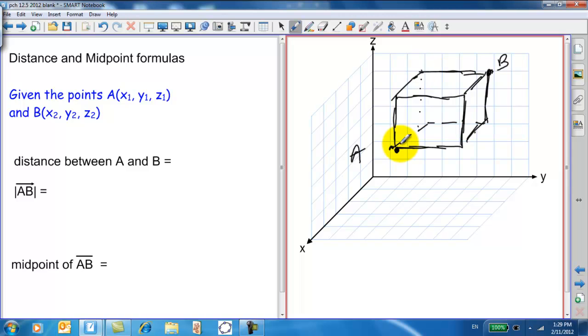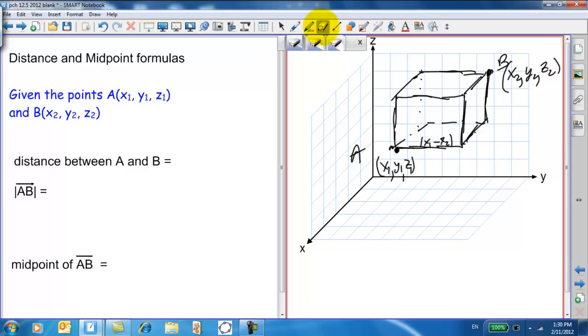And going from A, which is x1, y1, z1, to B, which is x2, y2, z2, can be tricky. But basically, we can get the distance by doing the Pythagorean theorem a couple of times here. This gap in here is the absolute value of x1 minus x2. I'm sorry, this is the change in y's.